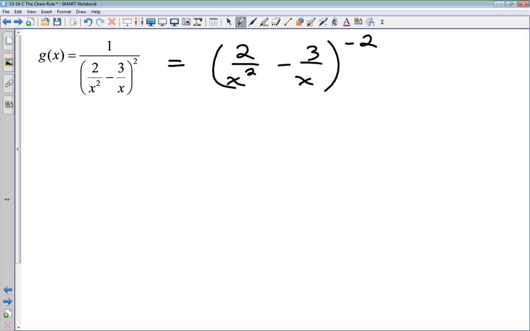We've got 2 over x squared, we've got 3 over x. We can take each of those and make the exponent negative. Okay? So it becomes 2x to the negative 2 minus 3x to the negative 1, and this whole thing is still to the exponent negative 2.